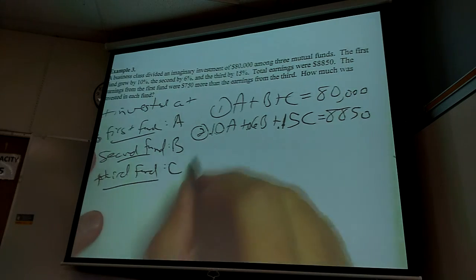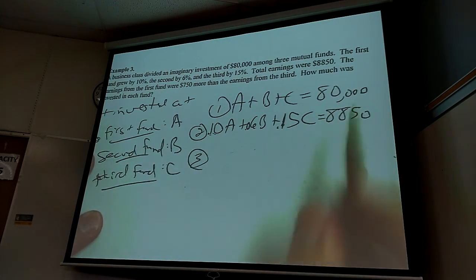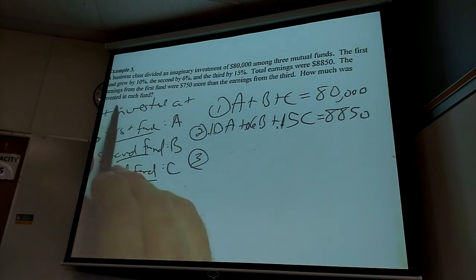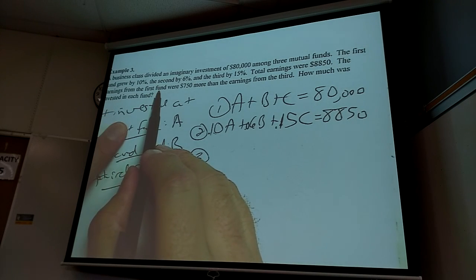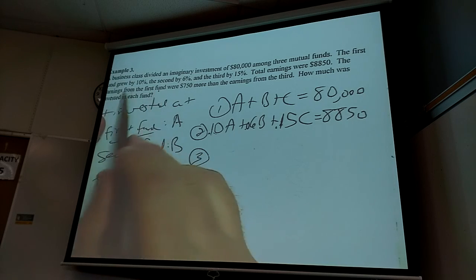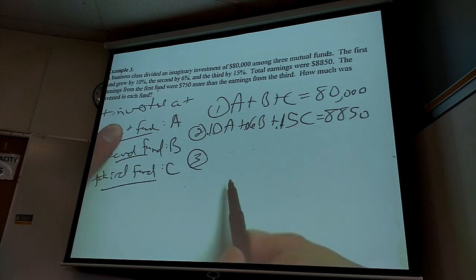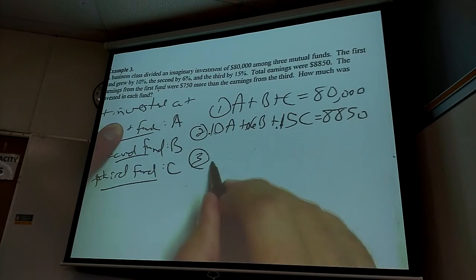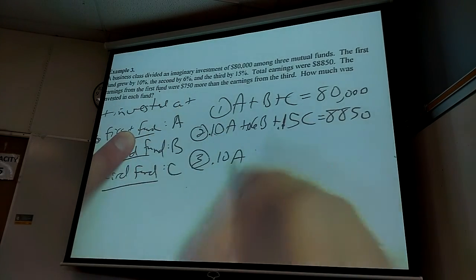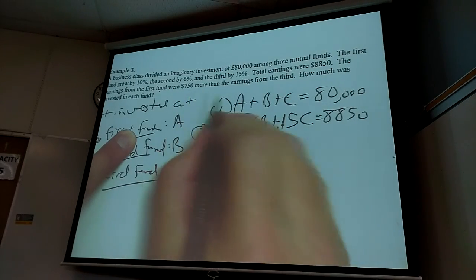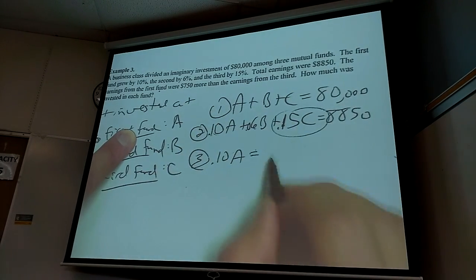Stay with me. Now what's the third equation? That one's one where they just tell you straight up, but you got to be a little careful. The earnings from the first fund. That's not A. What are the earnings from the first fund? Good, 0.10A. Earnings from the first fund were $750 more than the earnings from the third fund.